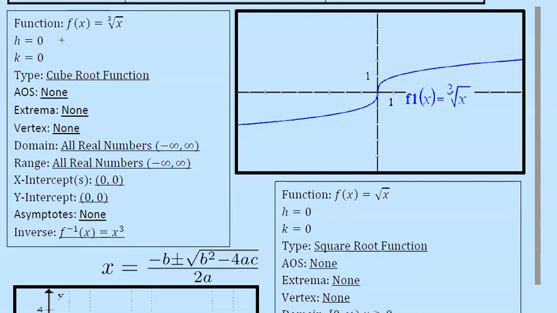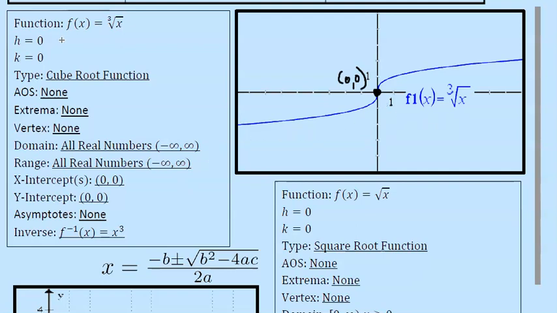The center point, h comma k, is 0, 0. It doesn't have an axis of symmetry, it doesn't have a max or a min for the extrema, and there's no vertex. Domain and range for cube root functions and cubic functions is all real numbers.